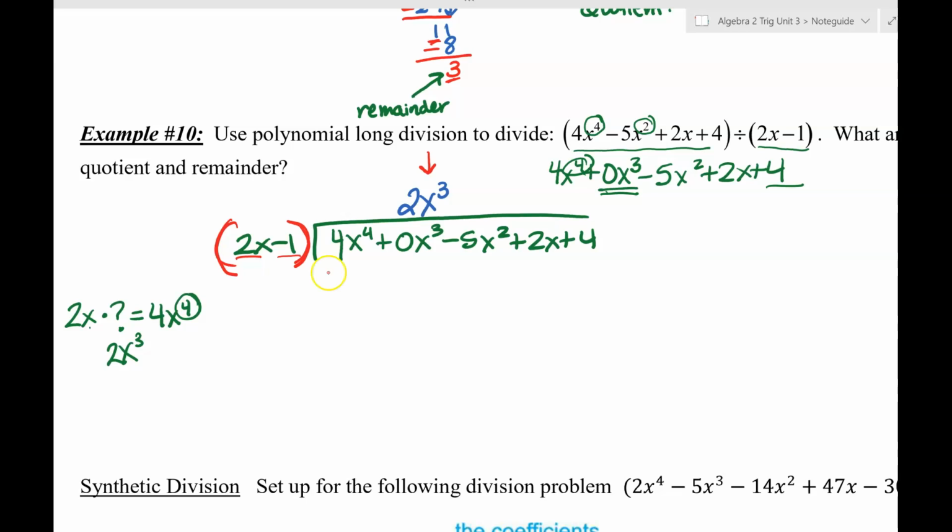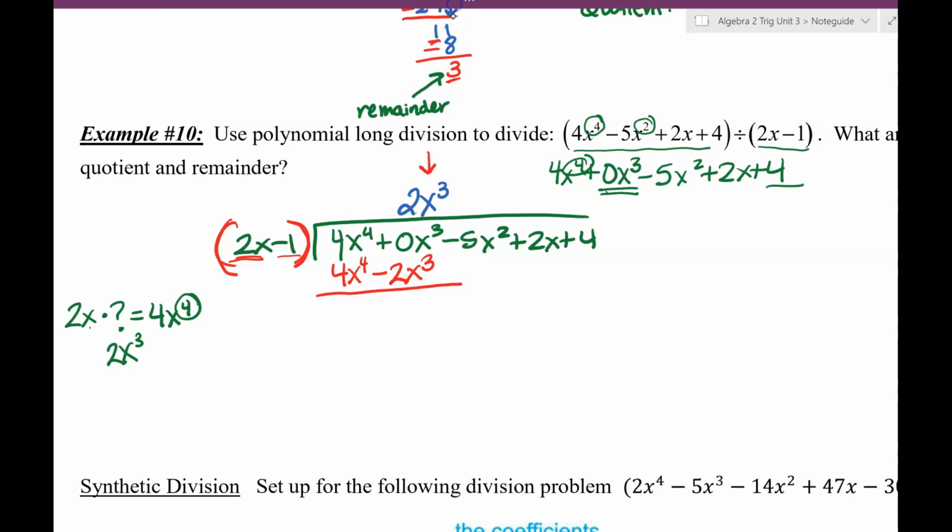And the first one hopefully is 4x to the fourth, because that's how I planned it. So 2x cubed times 2x is 4x to the fourth, just like we wanted. And 2x cubed times negative 1 is negative 2x cubed. Now remember that you are subtracting these. And with polynomials, because these have two pieces, you have to remember you're subtracting this whole thing.